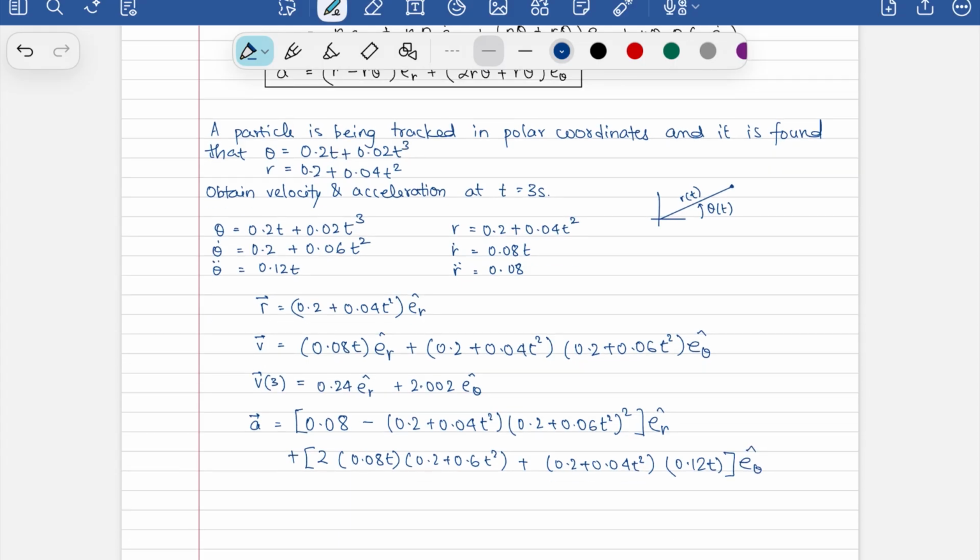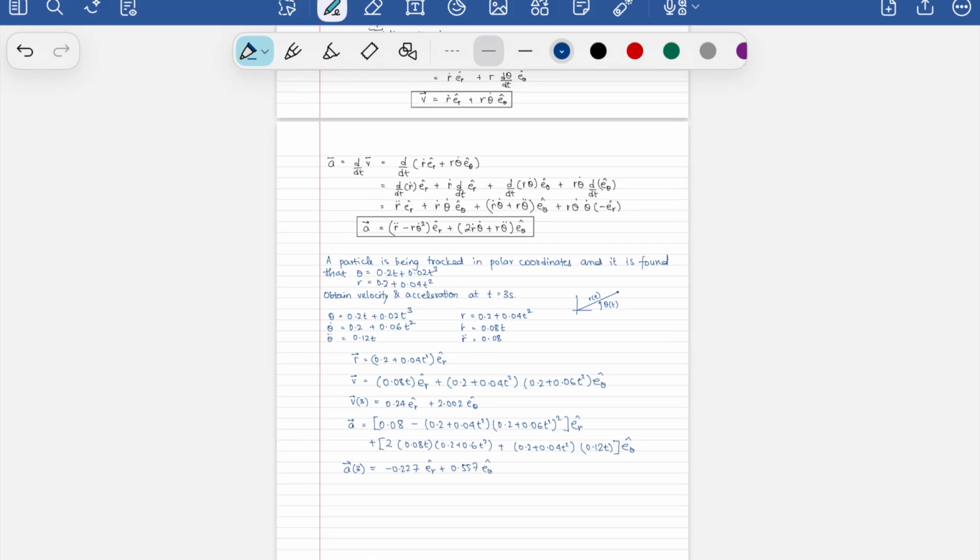All of that is along e theta hat. And now if you substitute time t is equal to 3, you would then get minus 0.227 e_r hat plus 0.557 e theta hat.